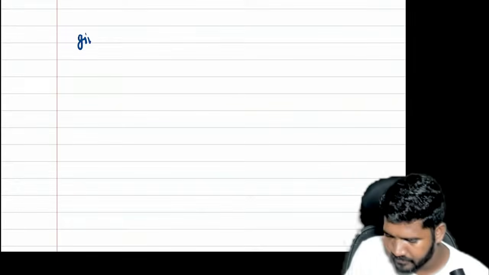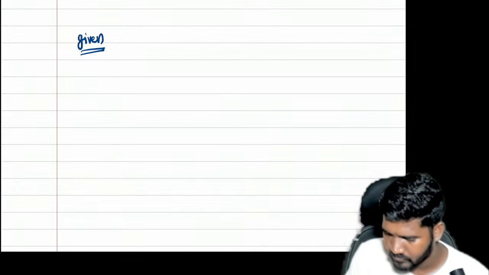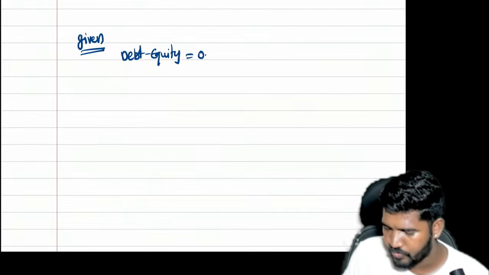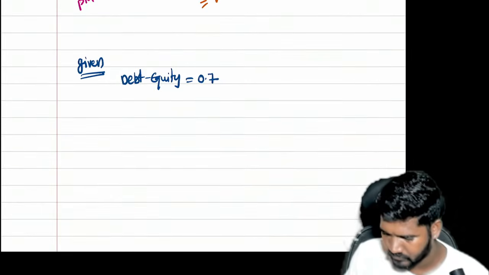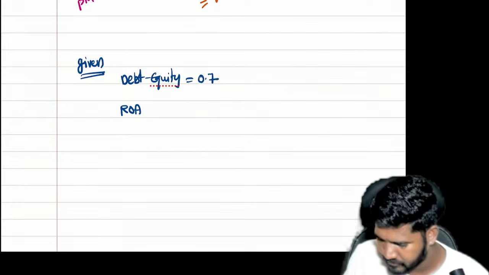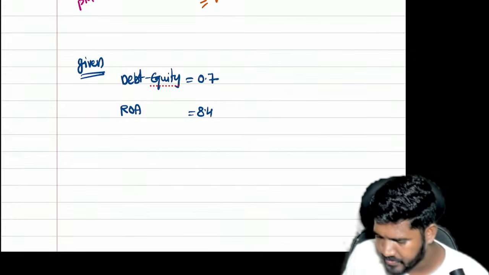Given information: debt equity equals 0.7. Return on assets 8.4% means 0.084.